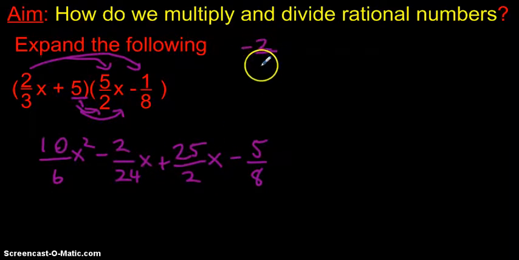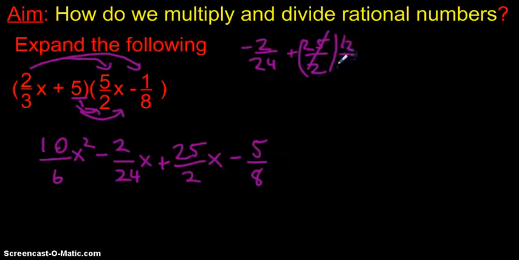Negative 2 24ths plus 25 halves. This is the same thing as saying, if we multiply the numerator and the denominator by 12, we'll get 300 24ths.